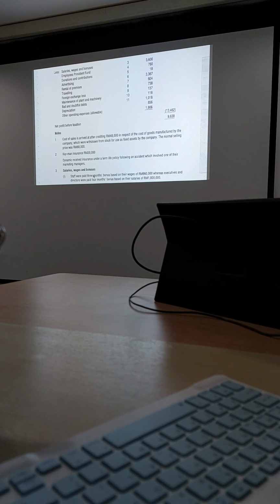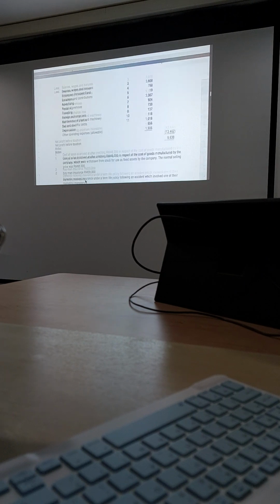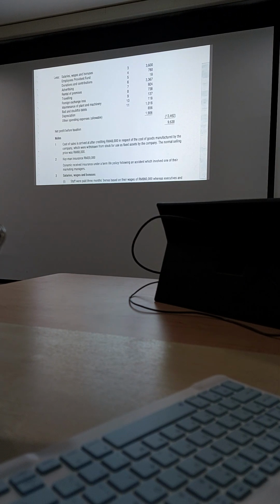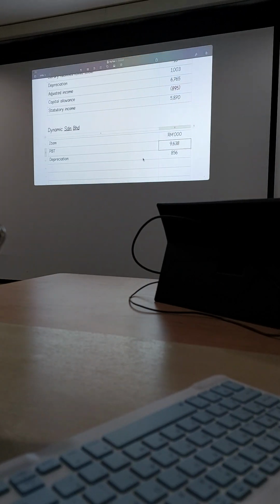20,000. Withdrawn. Sebab dia withdrawn. Sebab real price 68. 48,000 ni sebab saya rasa dia add back. Add back berapa? 20,000 kan? 68,000 tolak dengan 48,000, 20,000.